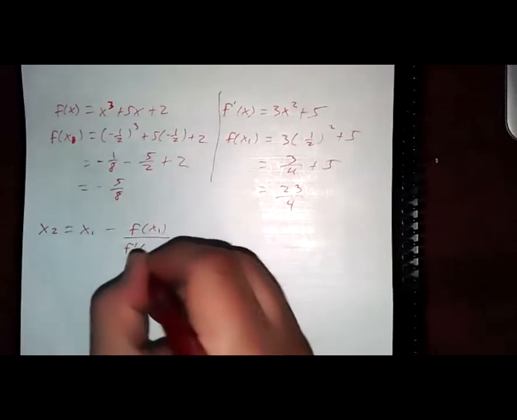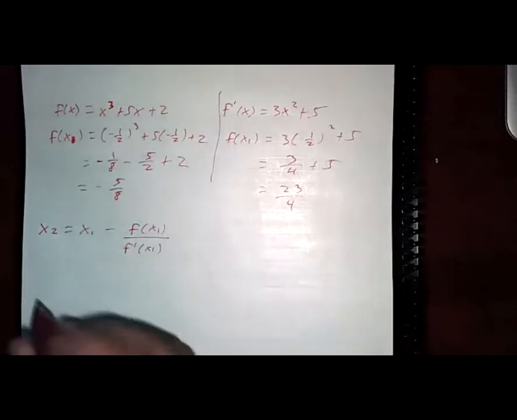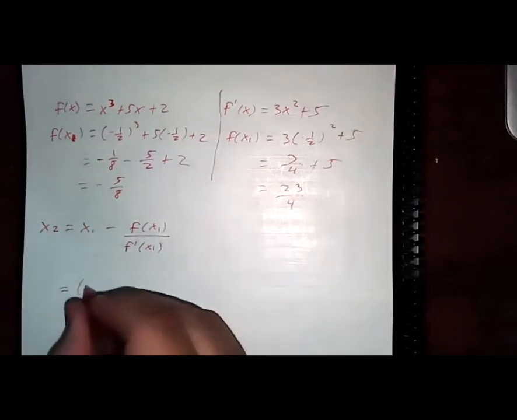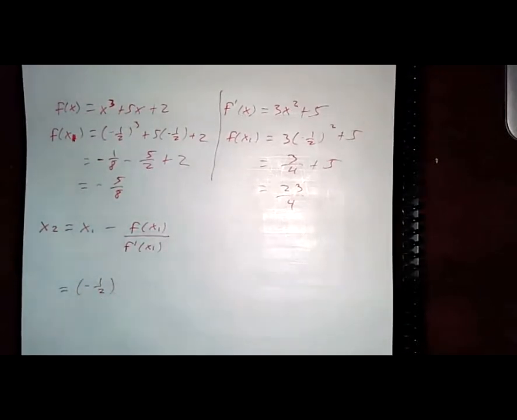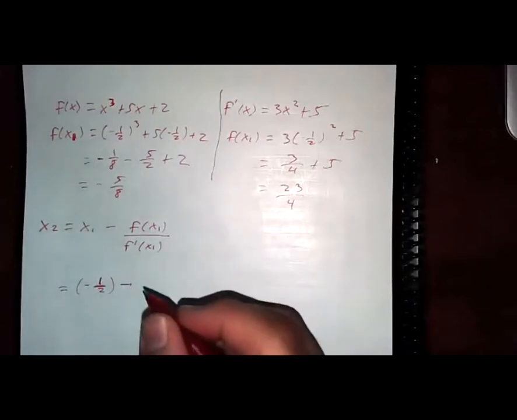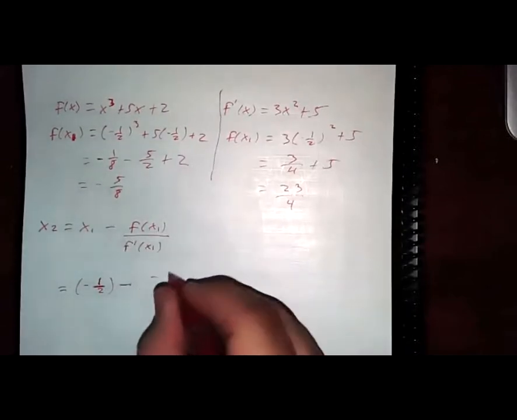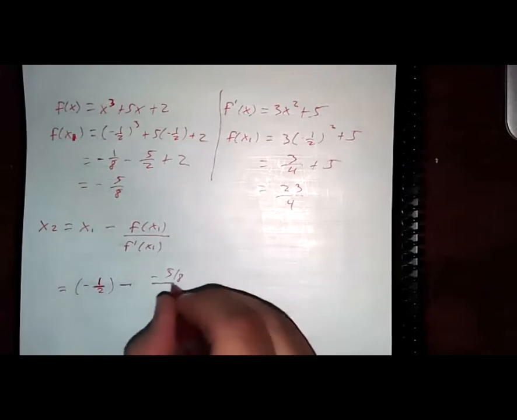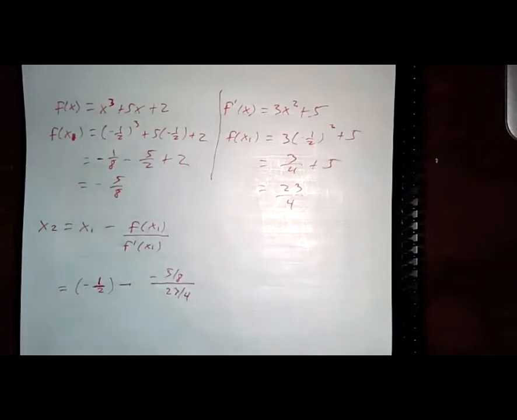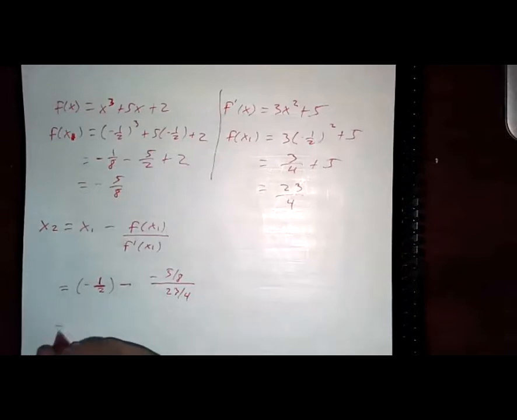So the formula says that x2 is equal to x1 minus the function at x1 over the derivative at x1. So we will get negative half minus negative 5/8 over 23/4. So what is this going to be?